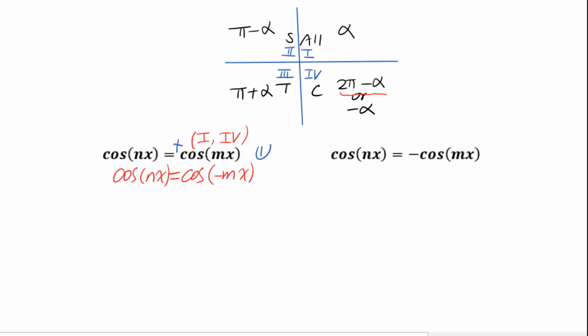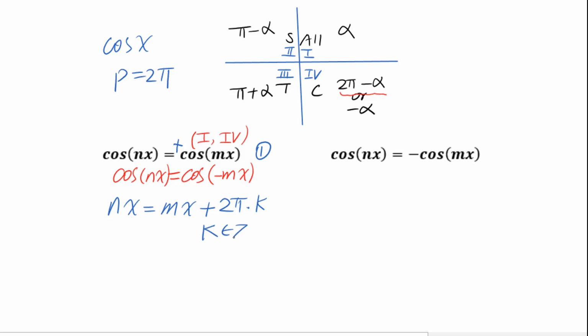For the first equation, we can set up nx equals mx plus period times k. We know for cosine x, period is 2 pi. So I will add 2 pi times k.